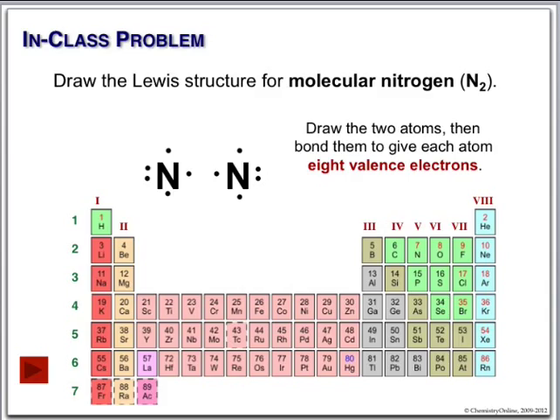Somehow we have to arrange these guys so that each nitrogen will have 8 valence electrons. Go ahead and do it. And tell you what, to show you what kind of a sport I am, I'll do it too. Oh, feels good to sit.